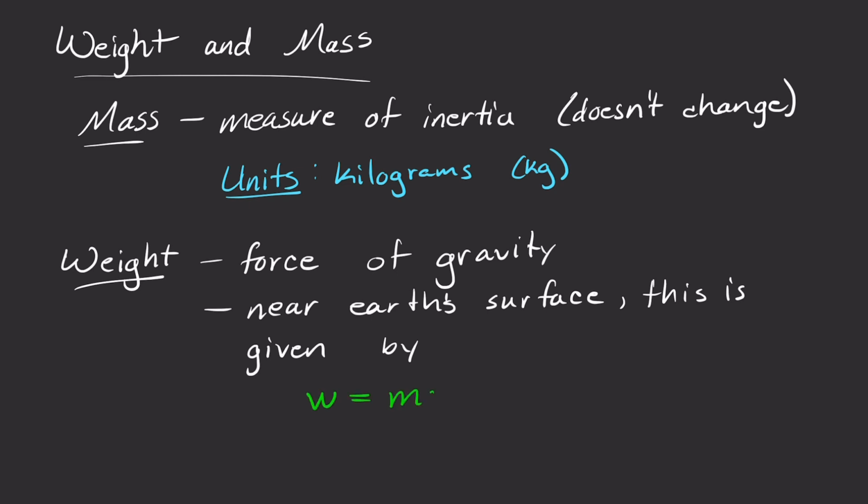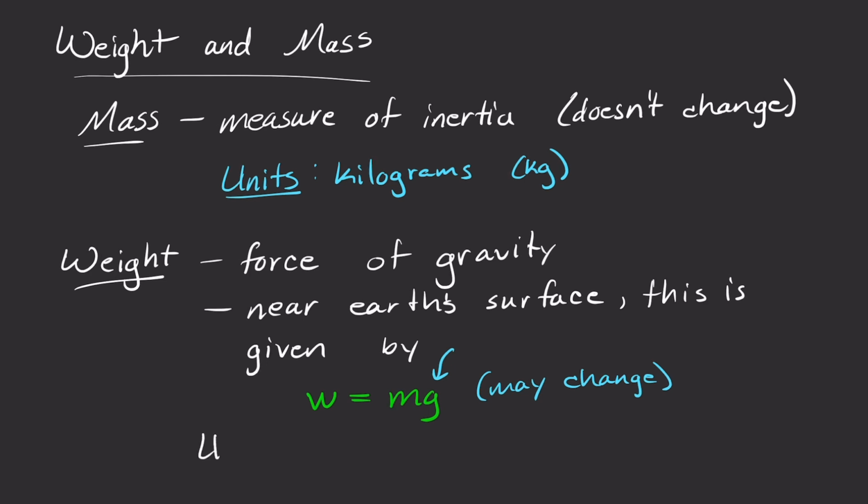The weight is equal to mass times gravitational acceleration, but this may change. Okay, specifically if you're on another planet and you're not near Earth's surface but the surface of another planet, you may have a different gravitational acceleration. So little g is specifically the gravitational acceleration of the Earth, but it may have a different value on another planet.